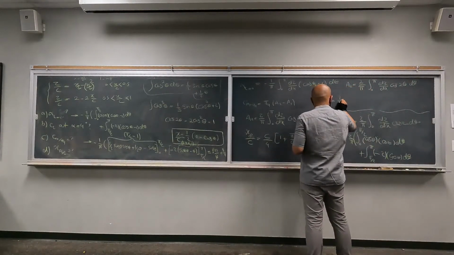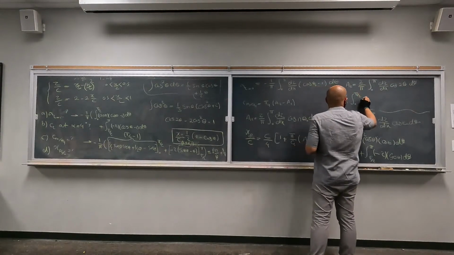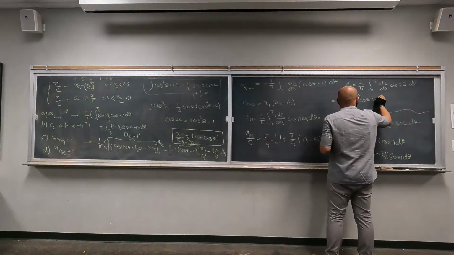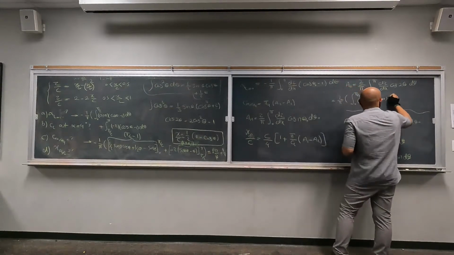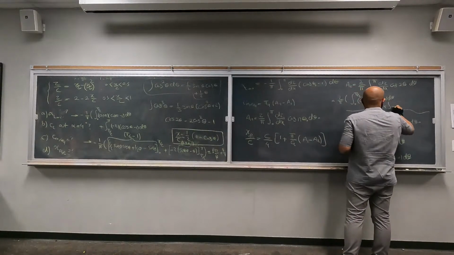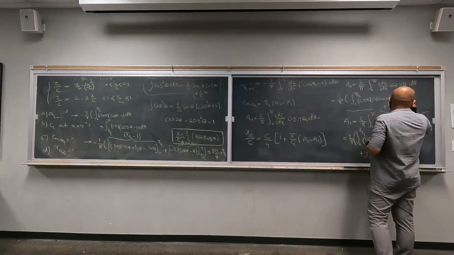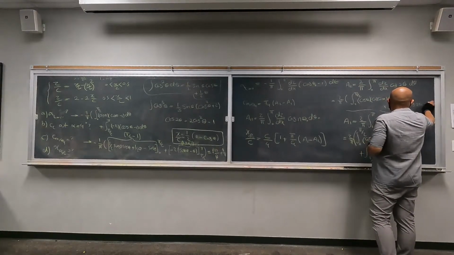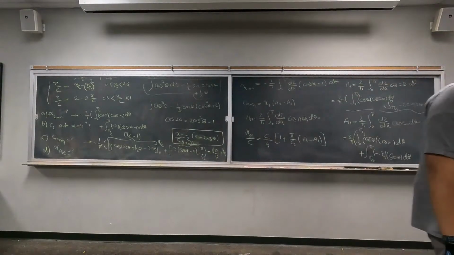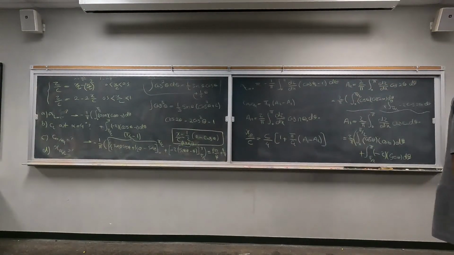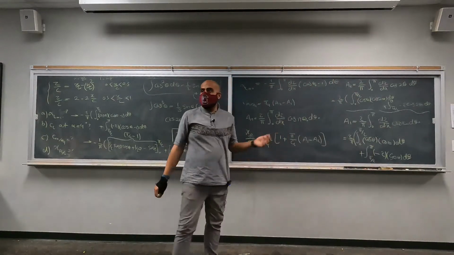You have 2 over pi, integral of 0 to pi over 2, cosine of theta, cosine of 2 theta, d theta, plus the integral of pi over 2 to pi, -2 cosine of 2 theta, d theta. How do we take this?